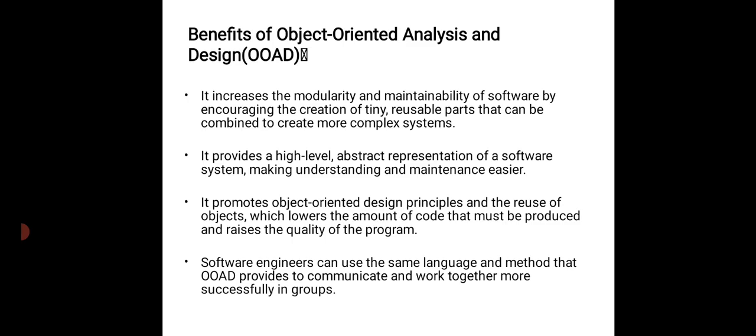It promotes object-oriented design principles and reuse of objects, which lowers the amount of code that must be produced and raises the quality of the program. Next, software engineers can use the same language and methods that OOAD provides to communicate and work together more successfully in groups.